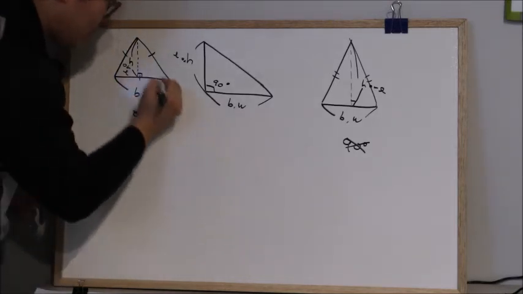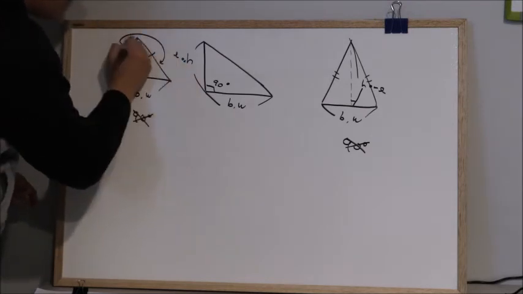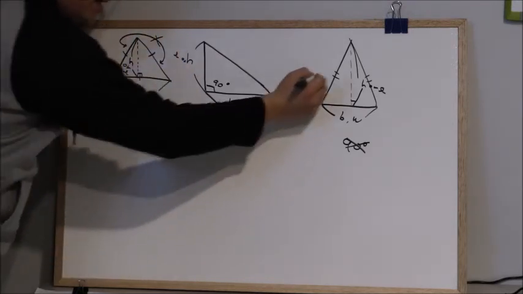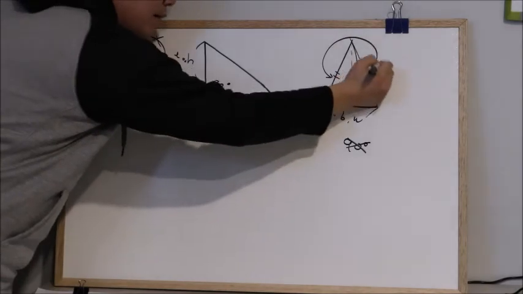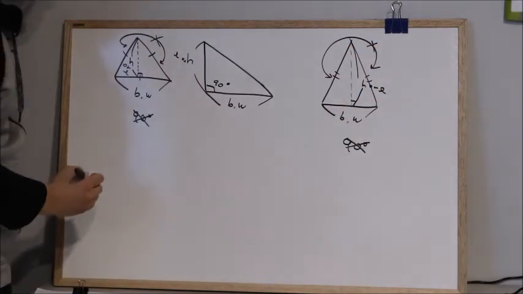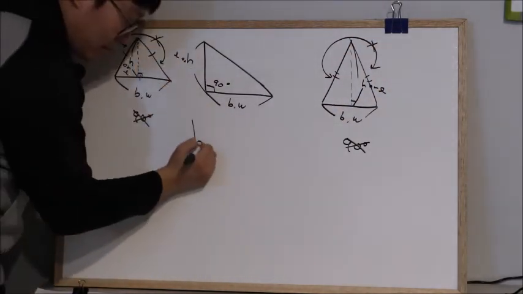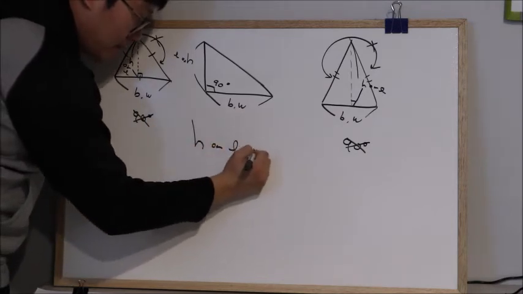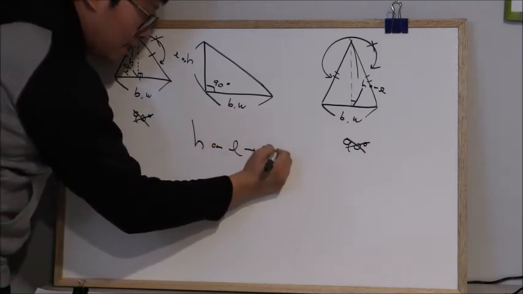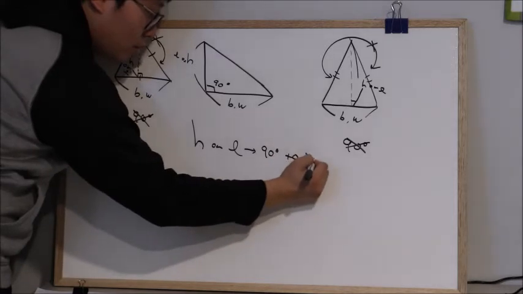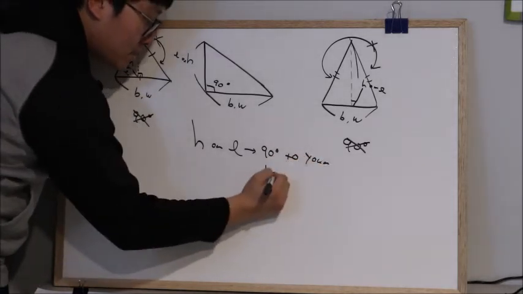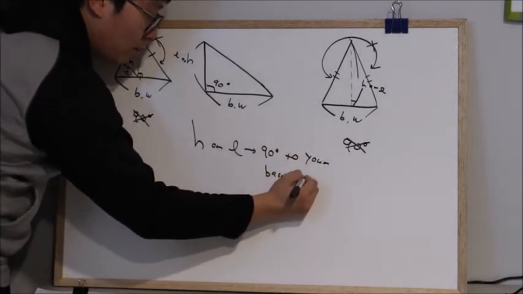I like to say this slanted side over here is not your height. Same thing for the isosceles triangle. So whenever people talk about height or length, that's always 90 degrees to your base or width.